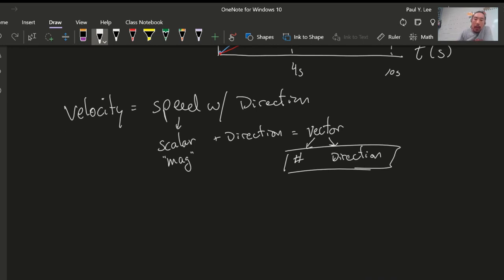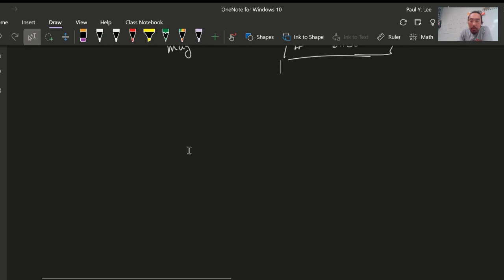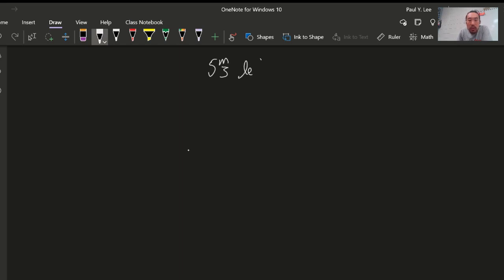So if we were to do a couple of examples, if I'm traveling 5 meters per second to the left, the 5 meters per second would be the scalar, and left would be the direction. But 5 meters per second left would therefore be our velocity because direction is part of it.